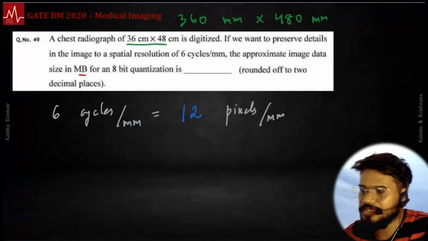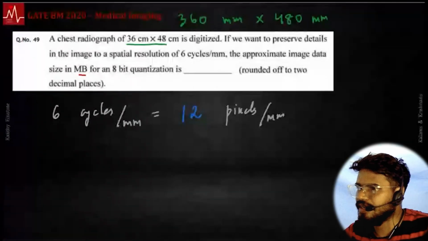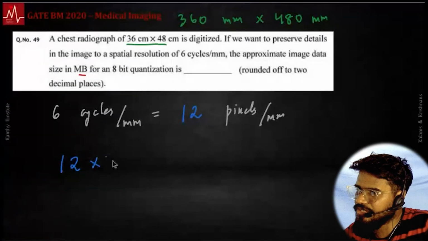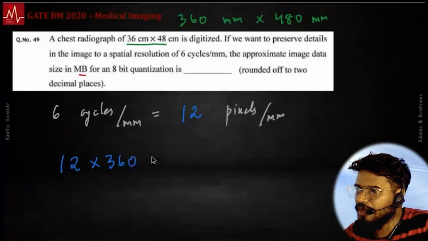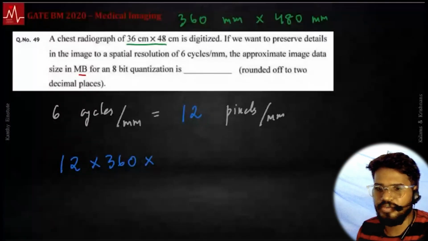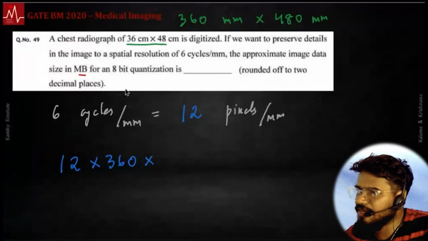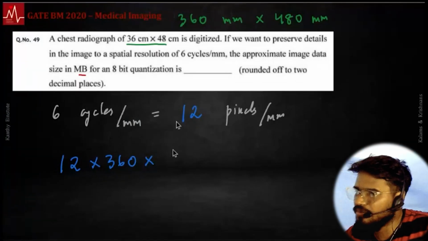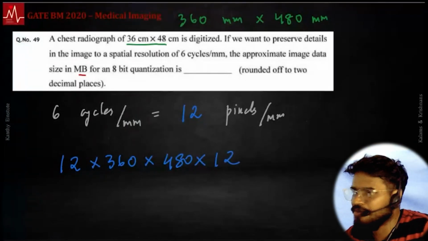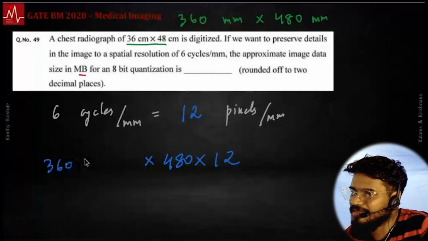Total number of pixels, let's write it this way. Per mm, 12 into 360 rows, and 480 into 12 columns.